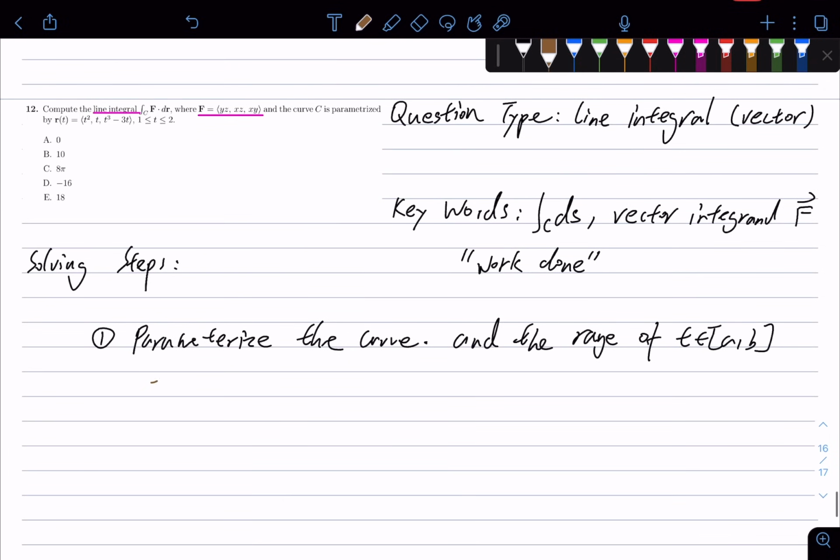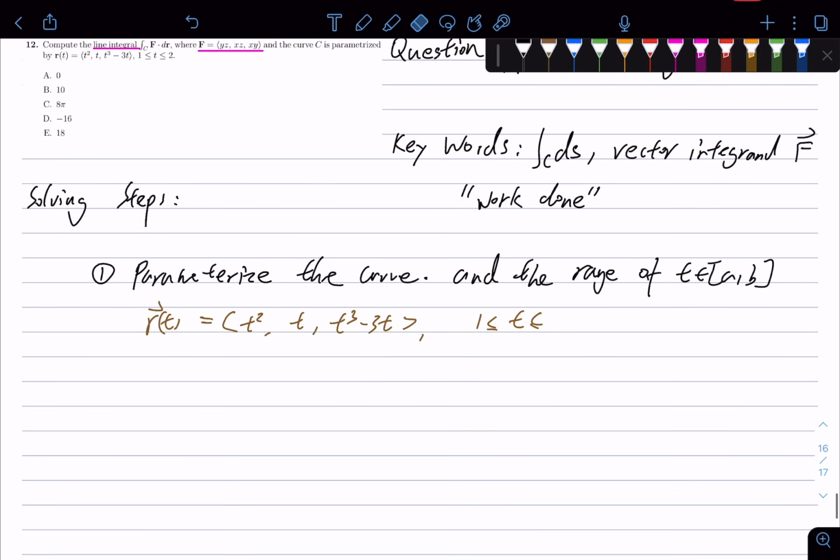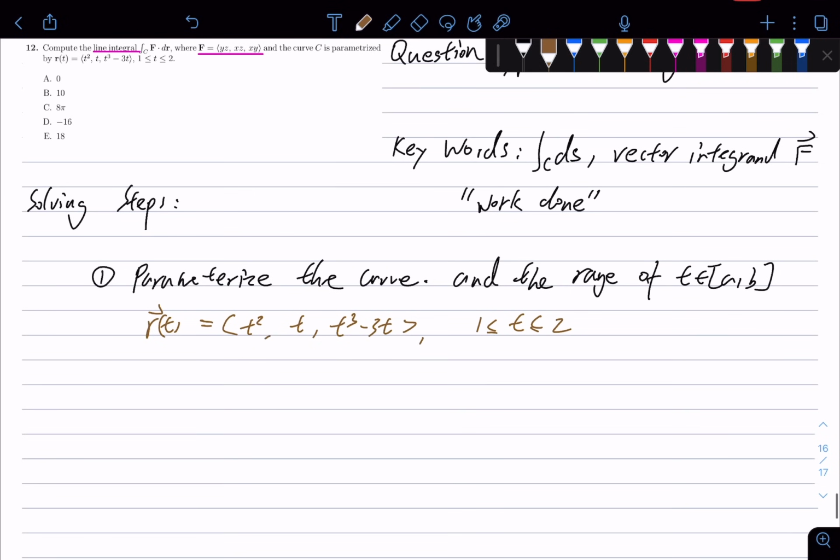So I'm just gonna go ahead and copy this down. t squared, t cubed minus 3t, 1 minus t squared, or I'm just gonna go ahead and write them as t, t belongs to 1 and 2. This is your x of t, this is your y of t, and this is your z of t.